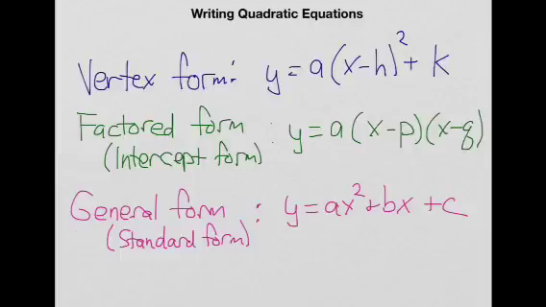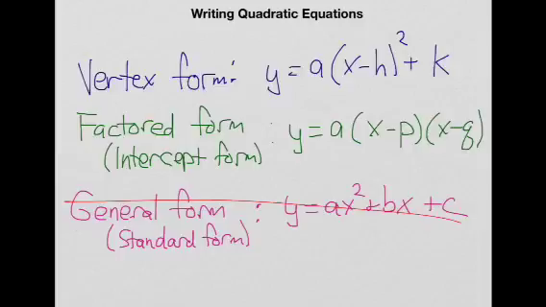To start off, if you are looking at a graph and you're trying to write the equation, don't mess with general form. To put the equation in general form, either you're going to have to take enough data from the graph and do a system of equations, do a regression with your calculator to put it in that form, or you're going to write it in one of the other two forms and convert it.